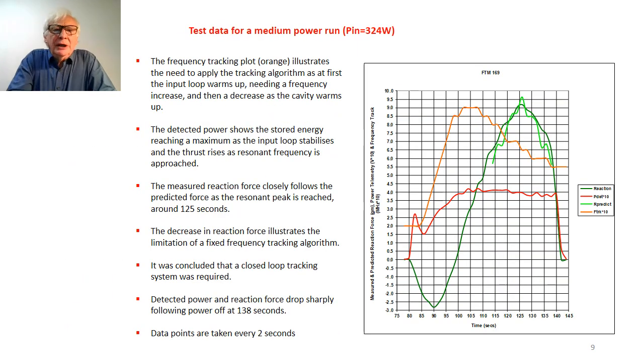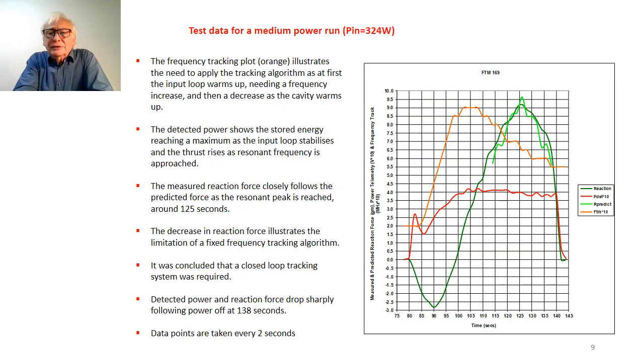Here we show the test data for an actual test run, for a medium power test run where the input power was 324 watts and where the thruster was mounted, if you like, upside down, so that the reaction force is downwards. Therefore what we're measuring on this particular plot is the reaction force rather than the thrust.